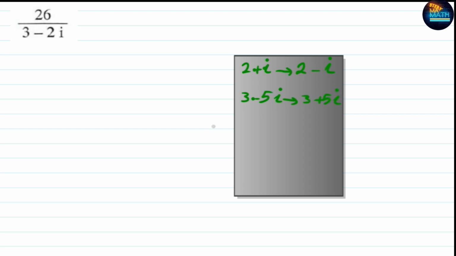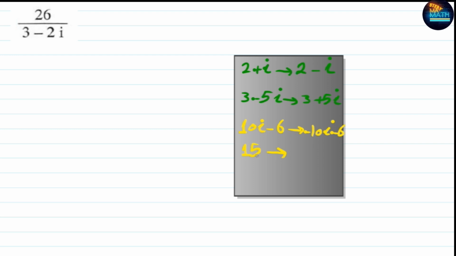changing the sign of the imaginary part. 10i minus 6, here you have the imaginary part first and then the real part. So changing the sign of the imaginary part, which is 10i, it becomes negative 10i, and the real part will be the same, negative 6. If you have 15, it's just a real part here, so no changing the sign.